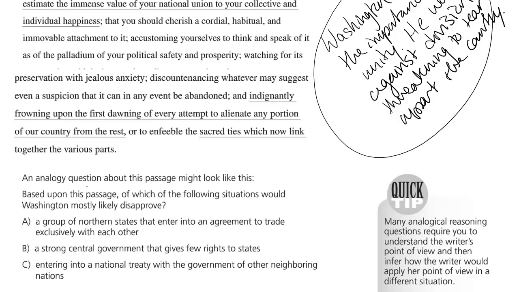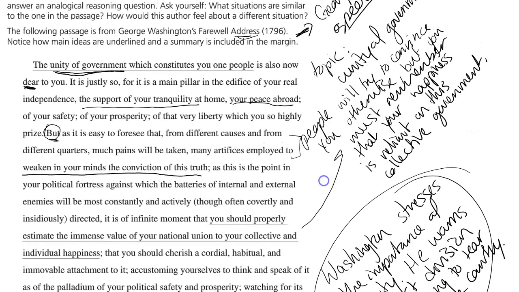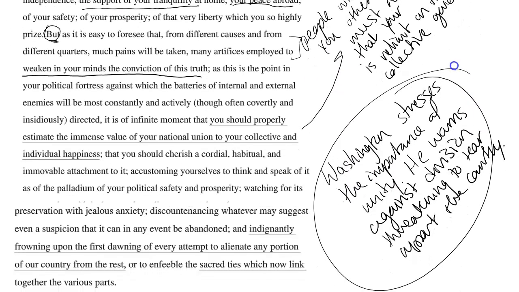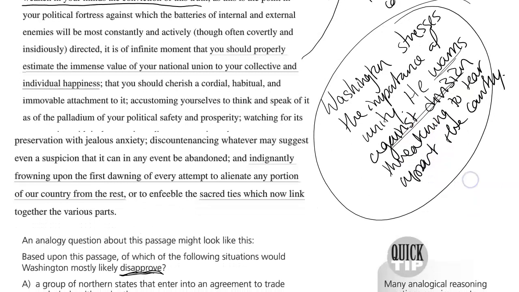So we want to set up the same kind of pattern or the same relationship. Based upon this passage, of which of the following situations would Washington most likely disapprove? Let's go ahead and underline disapprove. Based off this passage, we know that he approves specifically of unified government and more collaborative behavior, but he's warning against the division in the country. So he probably disapproves of something that would divide us.